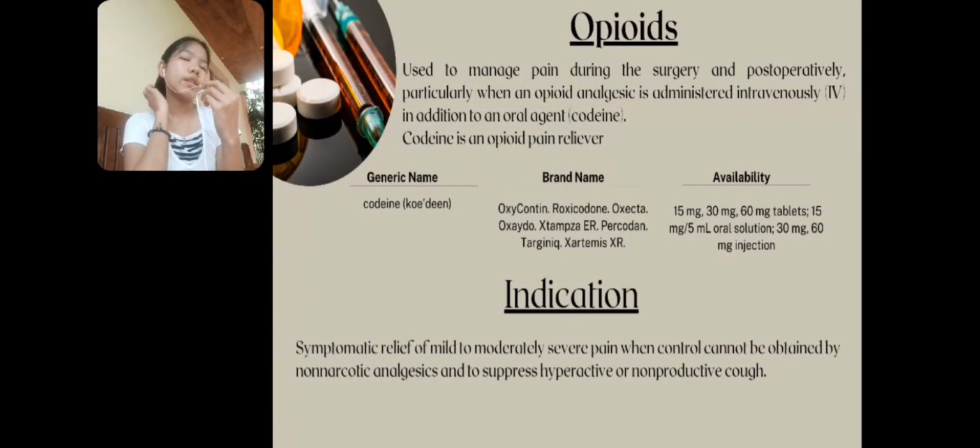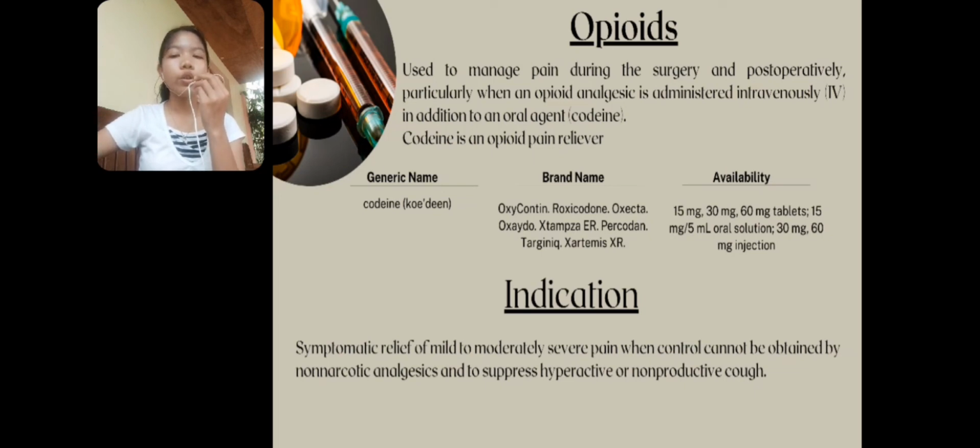Next, opioids. Opioids are used to manage pain during surgery and postoperatively, particularly when an opioid analgesic is administered intravenously, or IV, in addition to an oral agent, codeine. So codeine is an opioid pain reliever.